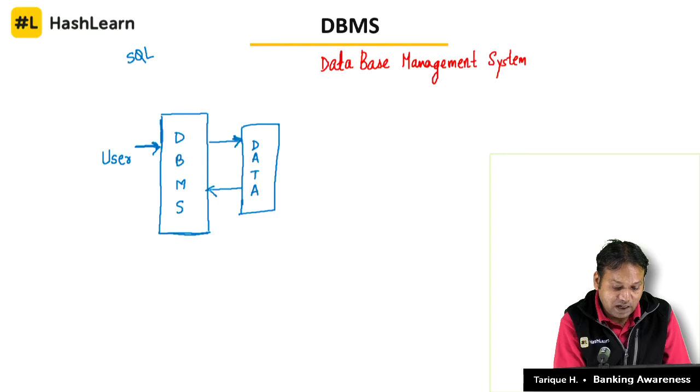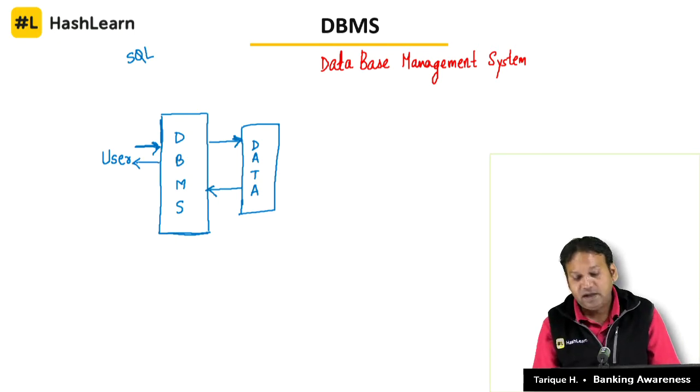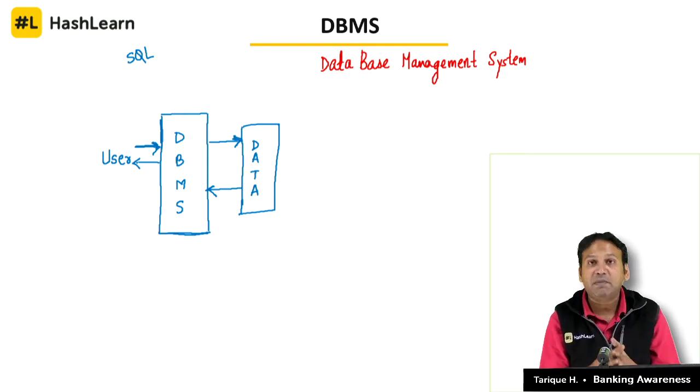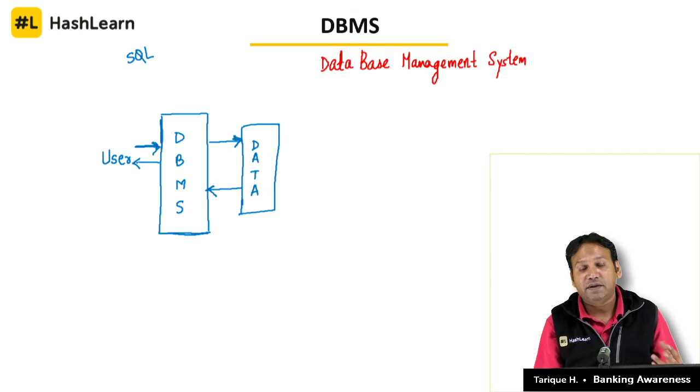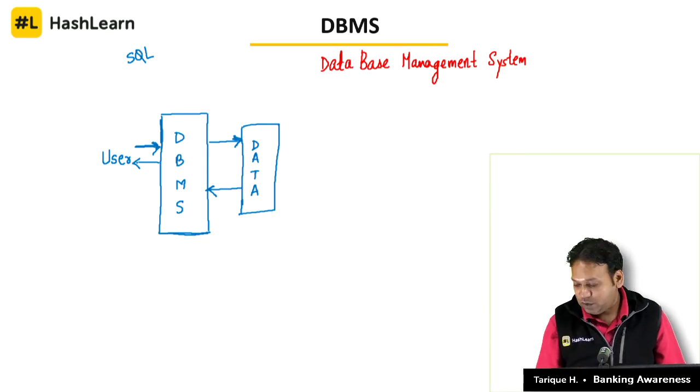The data then goes back to DBMS, and the DBMS then interacts back with you, that is the user. So the DBMS is an interface between the user, the application software, and the data that is there in the system, clear? So that's a basic understanding of what it can do.